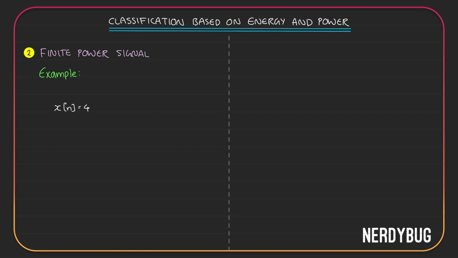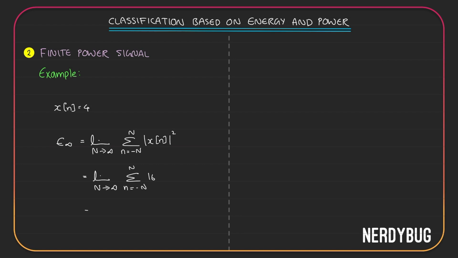Let's try to calculate energy of this signal. So energy is given as limit n tends to infinity, summation from n equals minus n to n, x of n squared. But here x of n is 4 for all values of n. So 4 square is simply going to be 16. So I can write limit n tends to infinity summation n equals minus n to n 16. 16 is a constant.